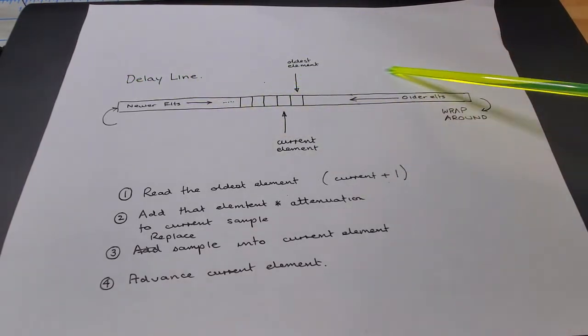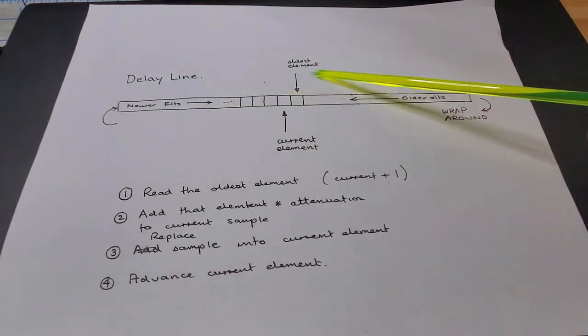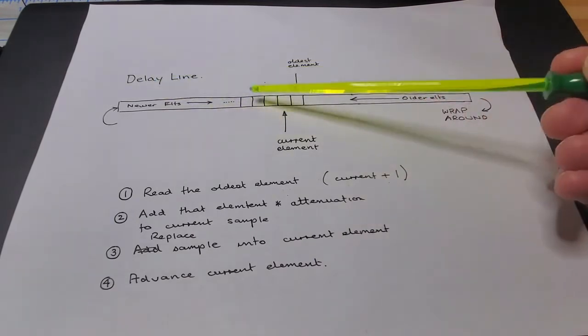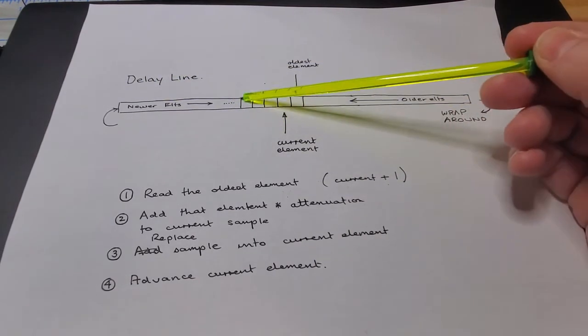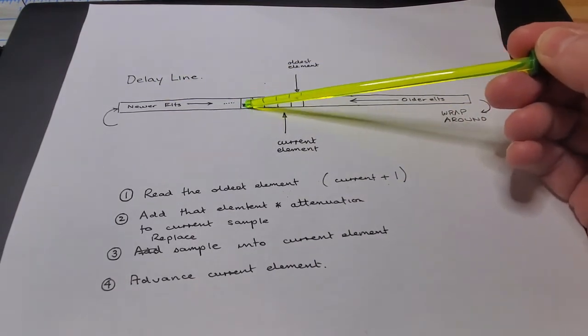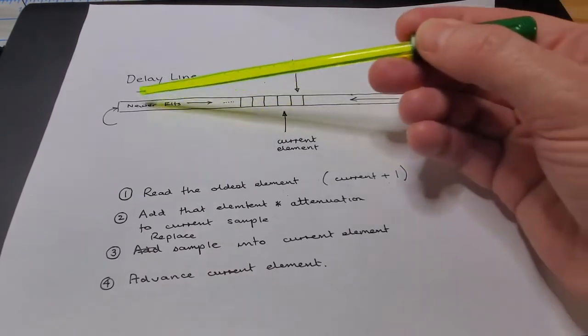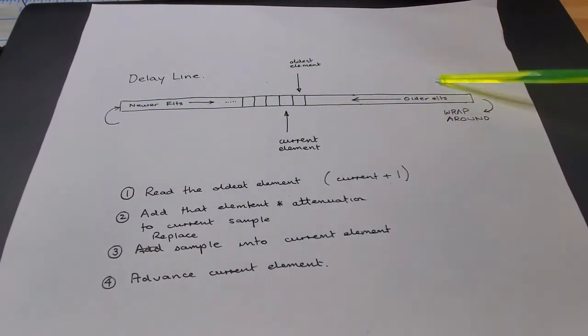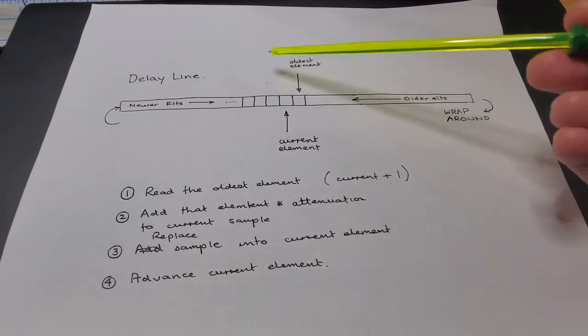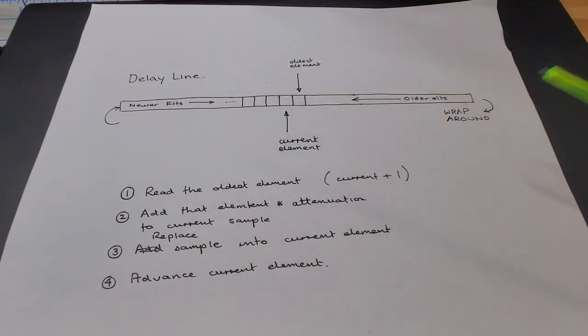Each sample happens at 48 kilohertz, so the length of the delay line is the length of the echo. If you had, for instance, a delay line with 48,000 elements in it, you'd effectively have a delay of 1 second. 24,000 elements, you'd have a delay of half a second, and so on.